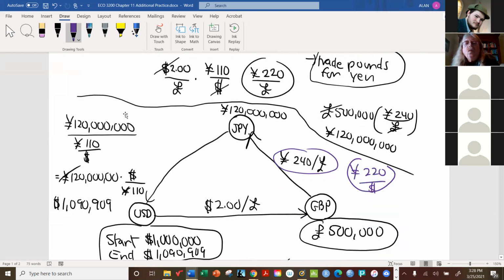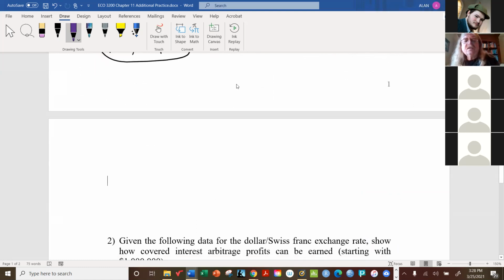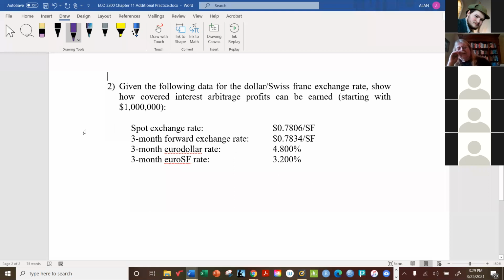Now, what about the second type of arbitrage that we were looking at, covered interest arbitrage? Now, this one is a lot more challenging because there are 4 parts to it. This is all about the relationship between the spot and the forward exchange rate.